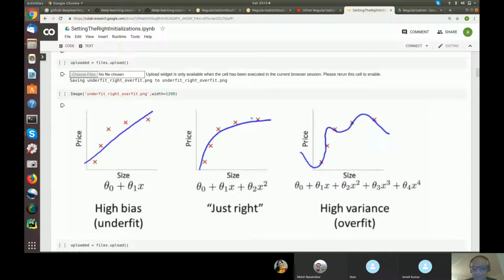Does that intuition make sense? Yeah. Awesome.